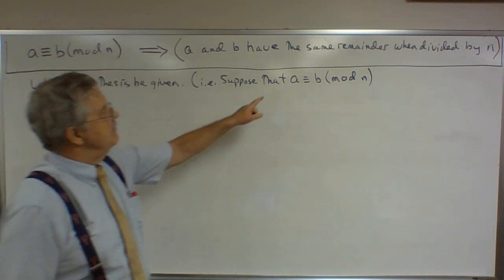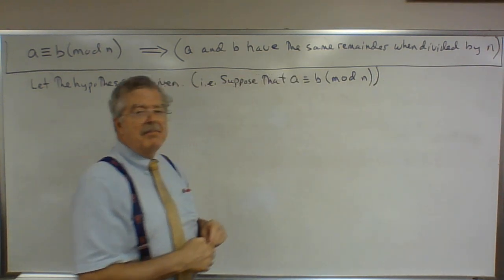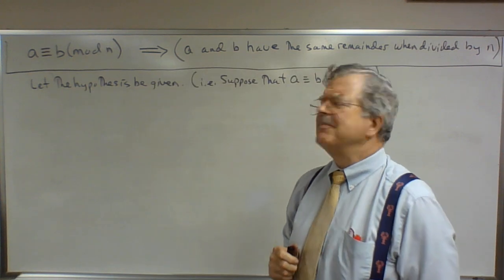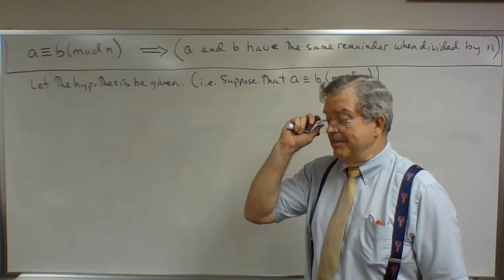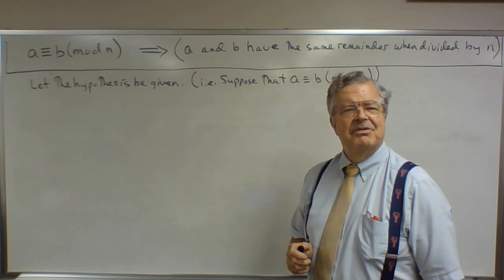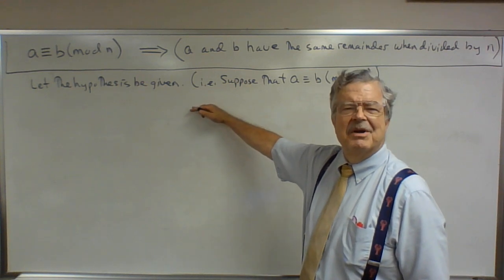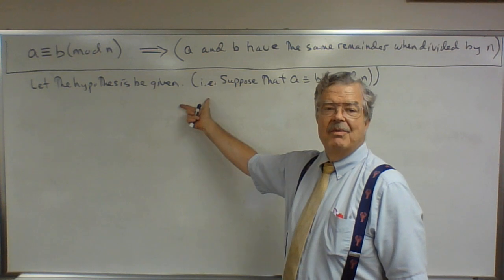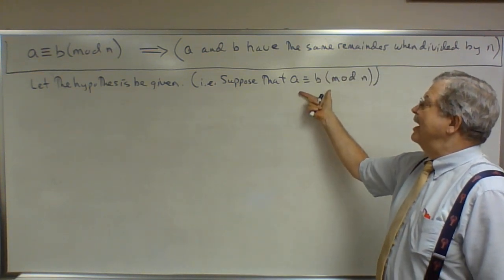Suppose that A is congruent to B modulo n. And when there are hypotheses, why do I usually start out saying let the hypotheses be given? Usually it's a stalling tactic on my part. I have no idea how I'm going to do the proof, so I might as well just start with what I'm given and maybe write out what it means.